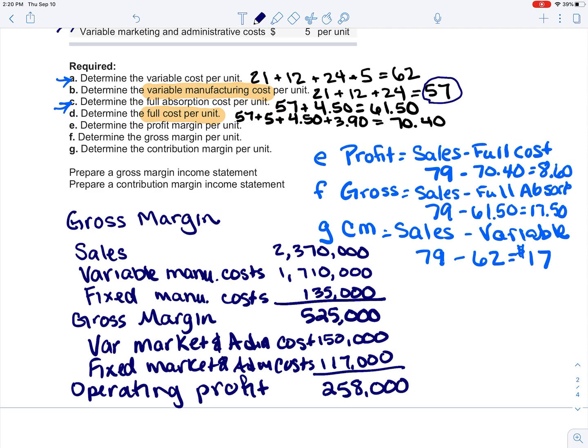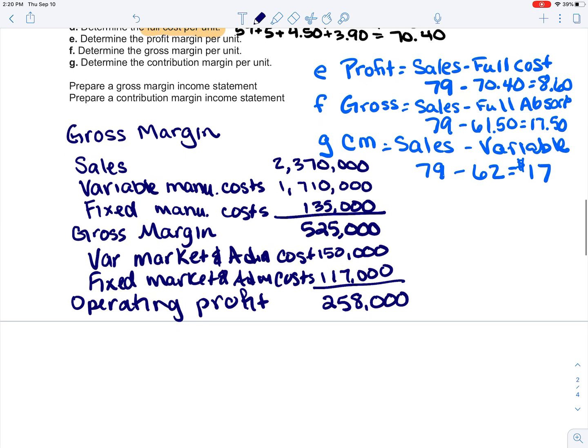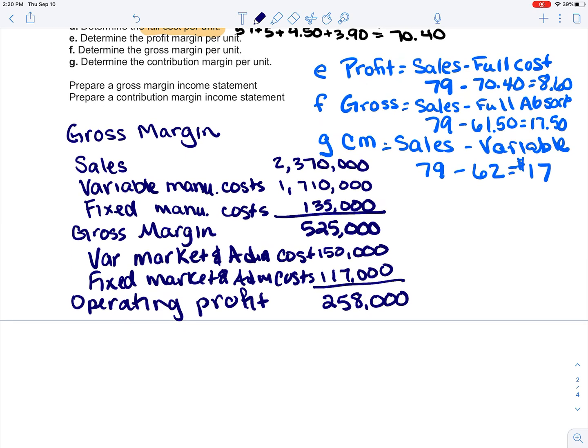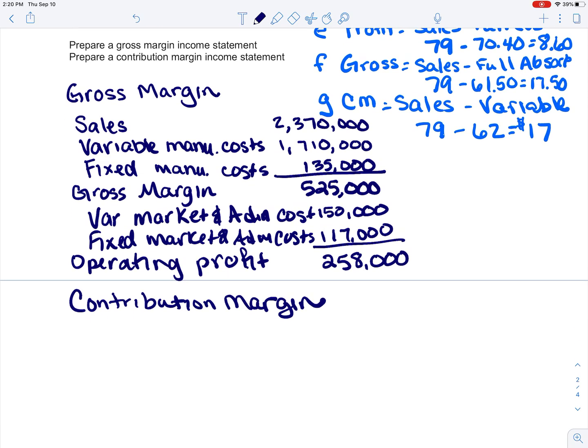And finally, let's look at the difference in what it looks like for that contribution margin income statement, with those same pieces just put together a little bit differently. So my contribution margin income statement, how does this look different? First, remember contribution margin, we follow through with that. It's sales, and we're going to subtract out all of our variable costs.